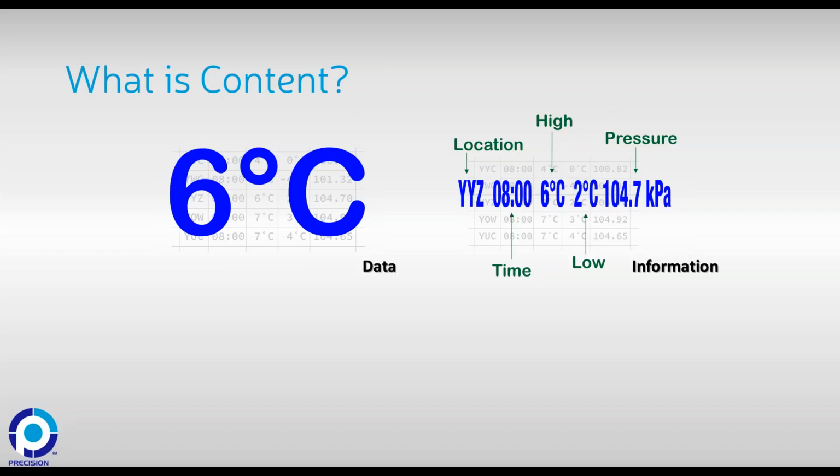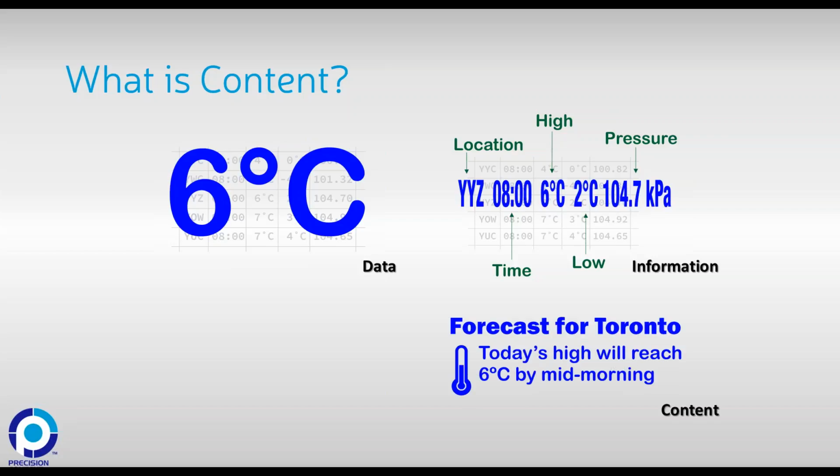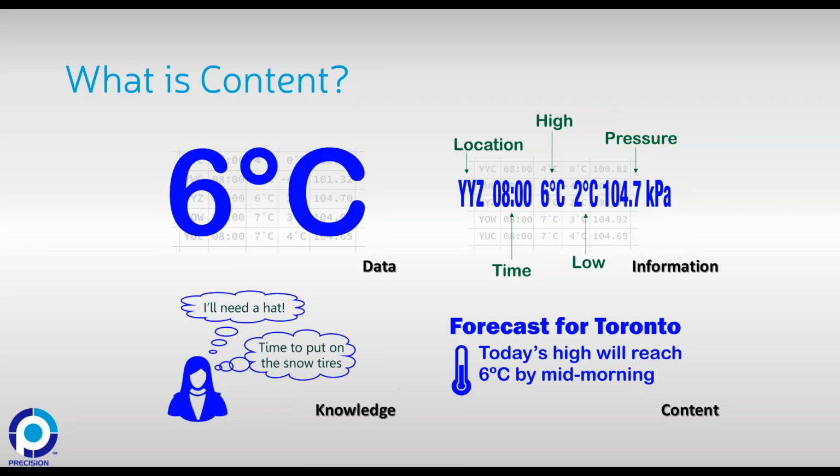But for our customers who need to consume this information, we need to contextualize it for them. So we need to take this information and write it for our audience, put it together in a way that our audience can actually use it. Once we have this content and we're distributing it to our users, our audience is able to take that content and apply it to their own knowledge, to really leverage that content and know what to do with it.